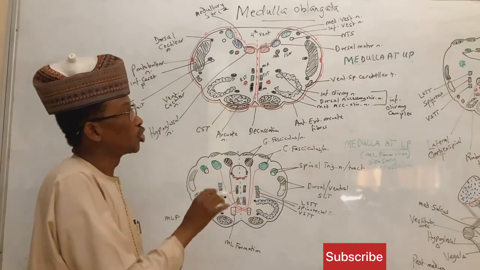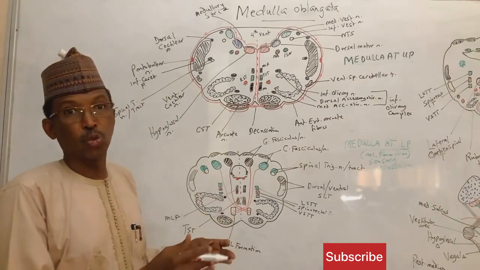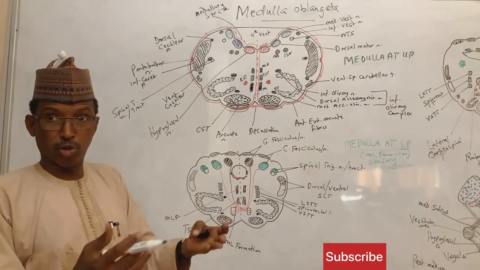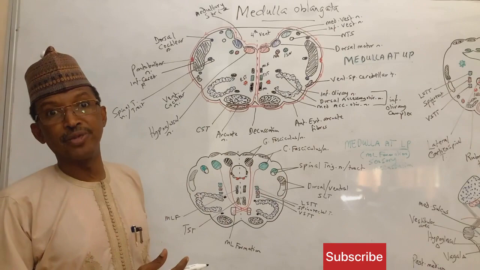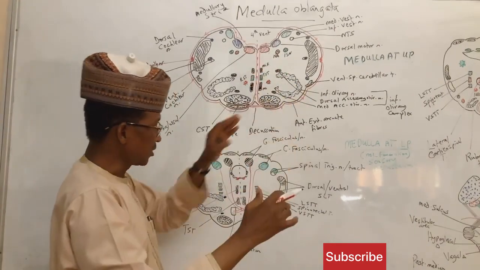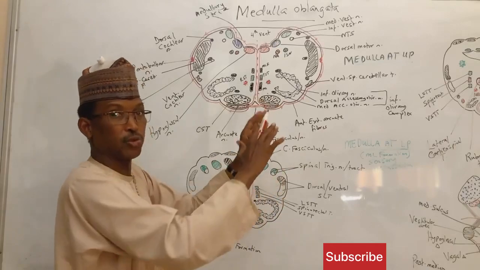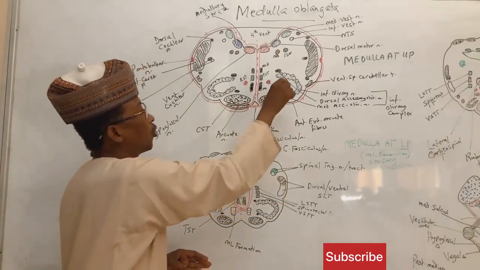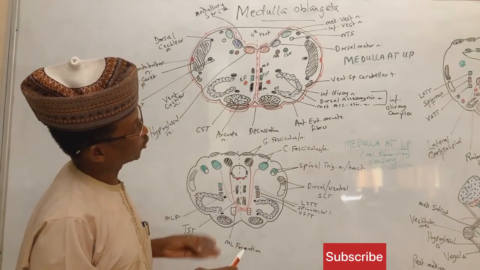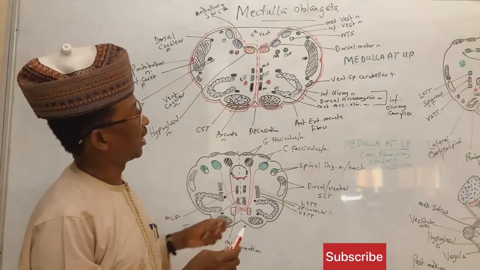Are you clear? So they are responsible for what we call motor learning. When we discuss the cerebellum, you will see the functions of the cerebellum. So these fibers coming from this complex pass into the cerebellum as the olivocerebellar tract, through the inferior cerebellar peduncle, and so they are responsible for motor learning and what have you.